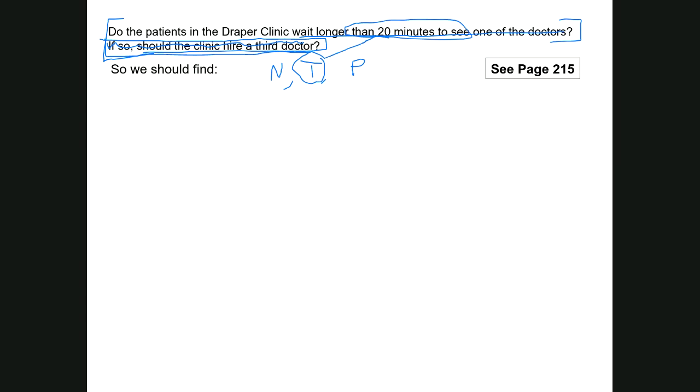And as to the time, do we need to find W or W sub Q? Well, they're waiting to see one of the doctors. So this is the waiting time in line. So we need to find W sub Q.